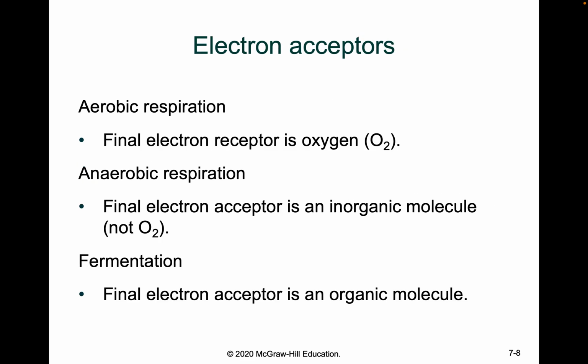Well, it can be either oxygen or something else. If the final electron acceptor is oxygen, it's called aerobic respiration. Aerobic means that there's oxygen. If there's no oxygen, so anaerobic, the final electron acceptor is an inorganic molecule. This is anaerobic: there's no oxygen and you go for inorganic molecules. If it's organic, it's fermentation.